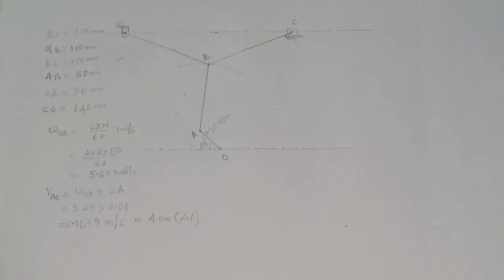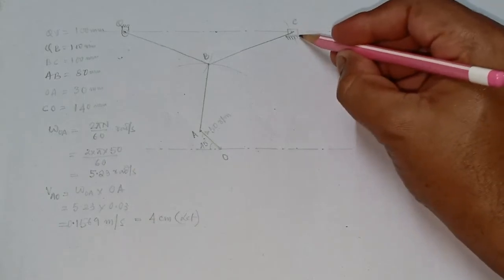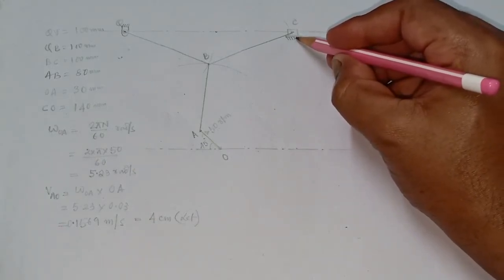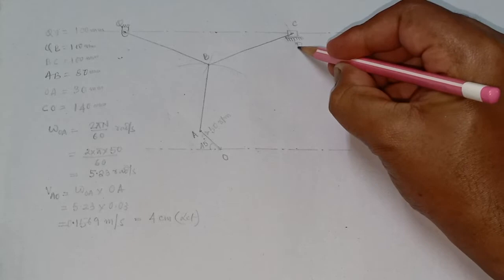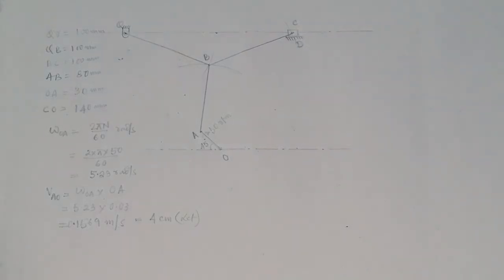I forgot to name the cylinder, so let us name it D. So DE is the cylinder. Now since the points O, Q and D on the configuration diagram, or the space diagram, are fixed, they may be taken as a single point on the velocity diagram.